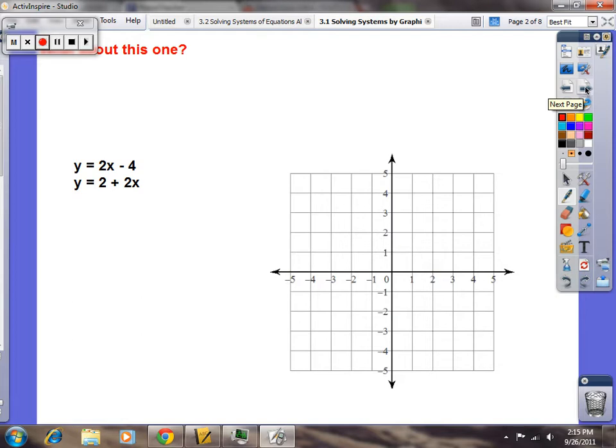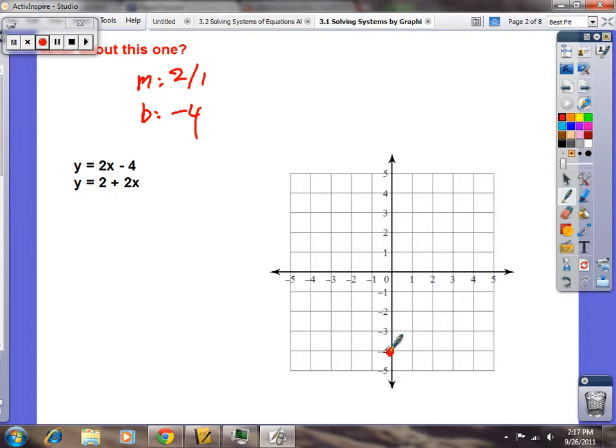Try this one. Y equals 2x minus 4. What is the M and the B? What's your slope and your y-intercept? Slope is 2 over 1 and the B is -4. Your B is your first point, so -4.